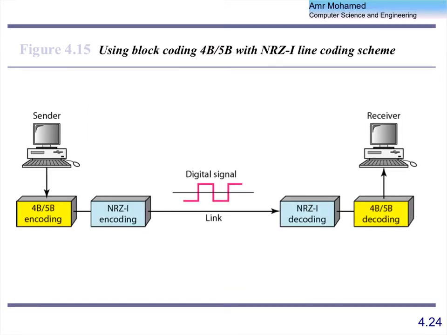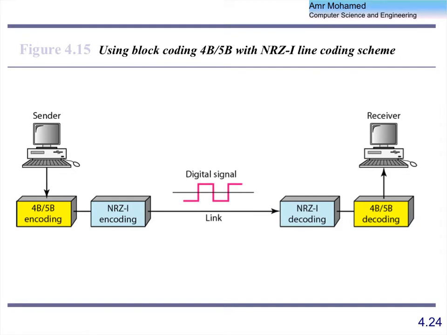Because we know that the non-return to 0 line coding, if it has straight zeros or straight ones, if you remember, sometimes it makes a problem. So to avoid this, before we apply the non-return to 0, we can apply block coding on the input bit stream. On the input bit stream, we take each four bits and convert them into 5 bits.